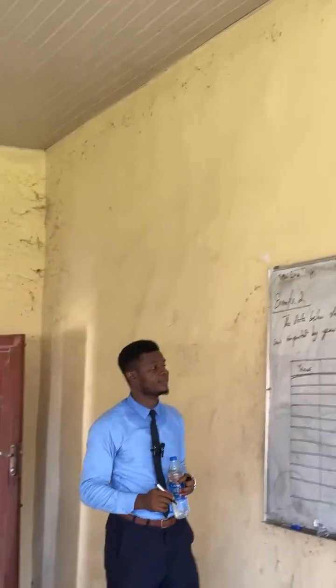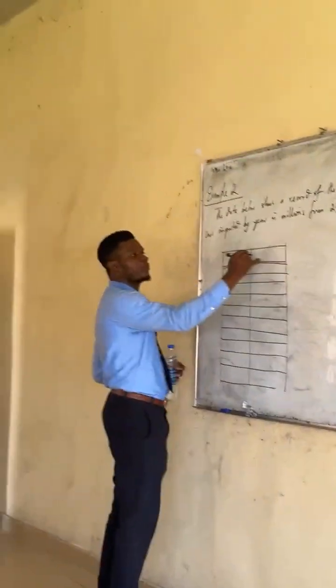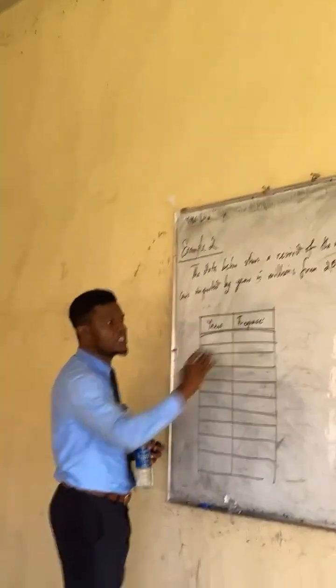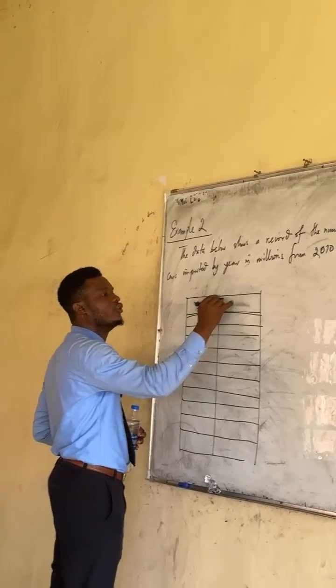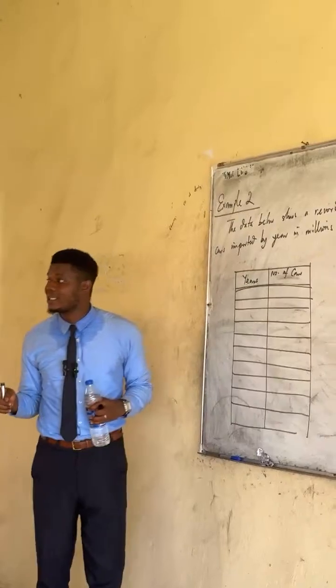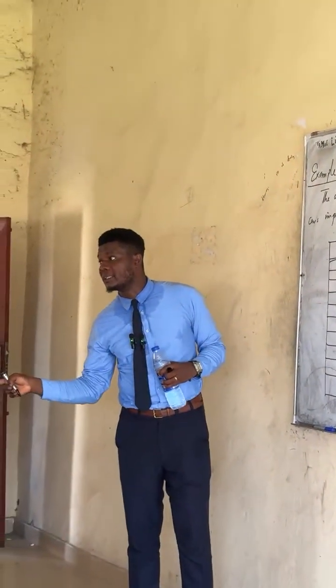So now I'm going to put years, and I'm going to put what? Frequency. You know what my frequency is? Okay, let's put it the way it came in the question. Number of what? Cars. You see it? Number of cars is another name for what? Frequency.